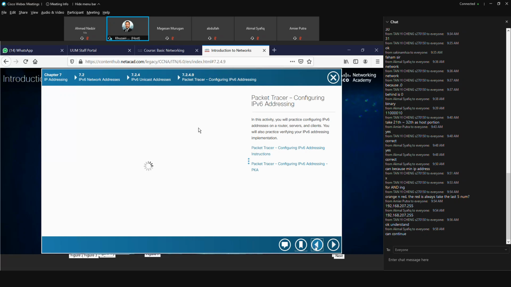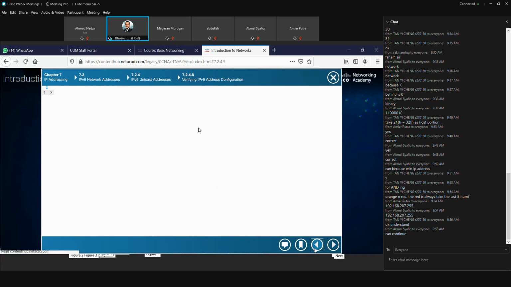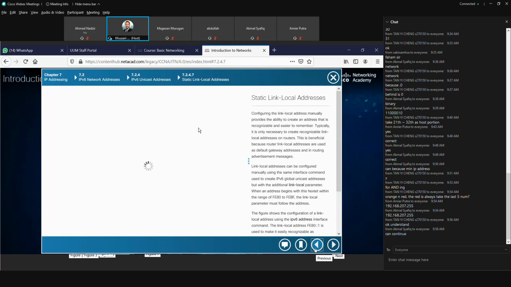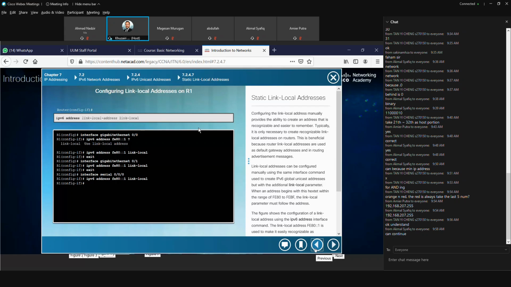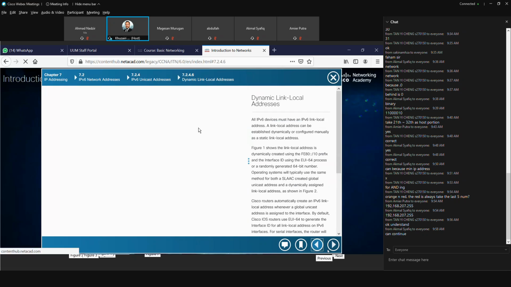I think that's all for IP version 6. It's very simple. The only thing is you need to know the rules for how to simplify IP version 6. For the router, we will focus on the configuration of IP version 4 only, so don't worry.